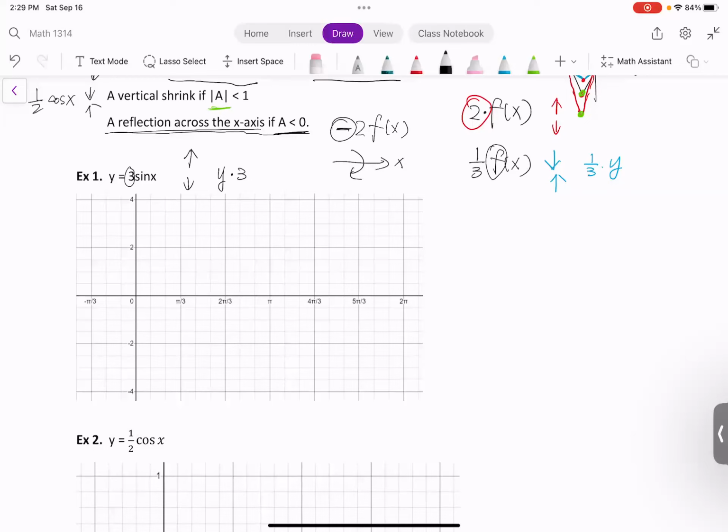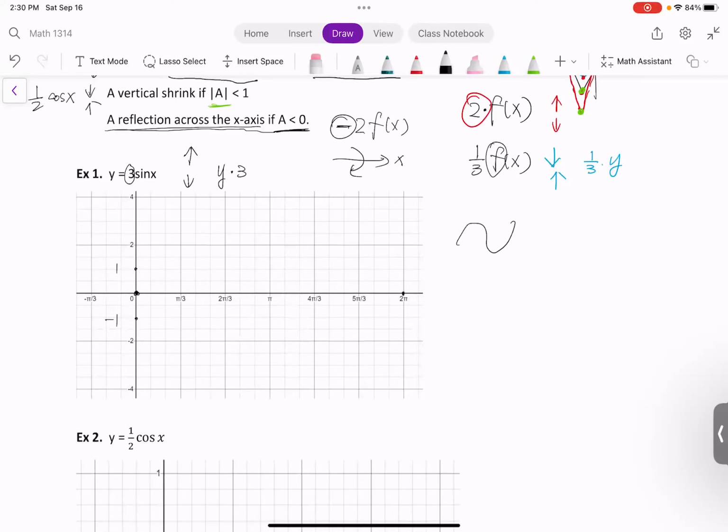So first, in my mind, I must know what the graph of the sine function is. The sine function from 0 to 2 pi, I know the graph is like this. Maximum is 1, minimum is -1. Divide the interval from 0 to 2 pi into 4 equal parts.